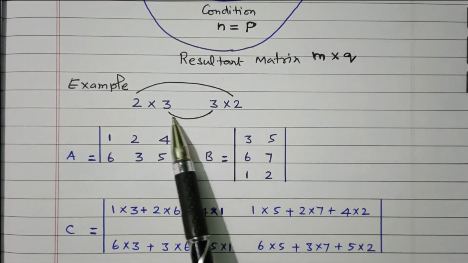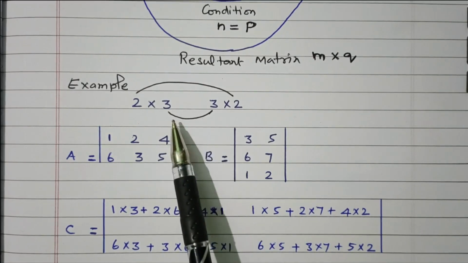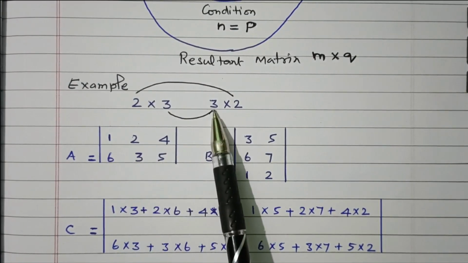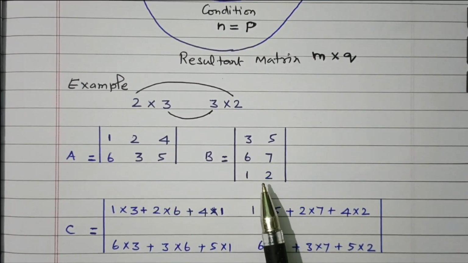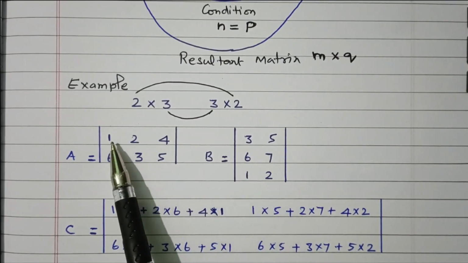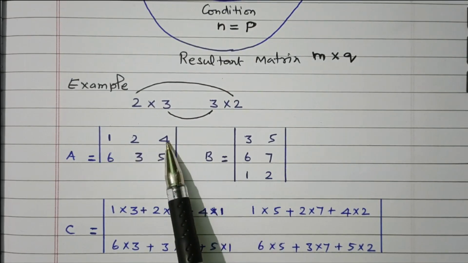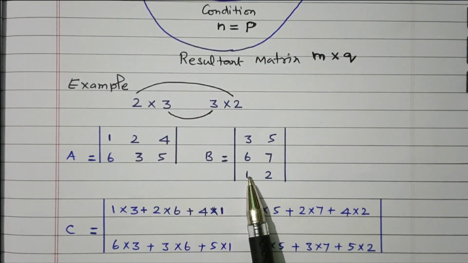Now this condition is satisfied. The number of columns in the first matrix is 3, and the number of rows in the second matrix is 3. So we can go for multiplication. That is, 1 is multiplied with 3, 2 is multiplied with 6, 4 is multiplied with 1, then they are added together.